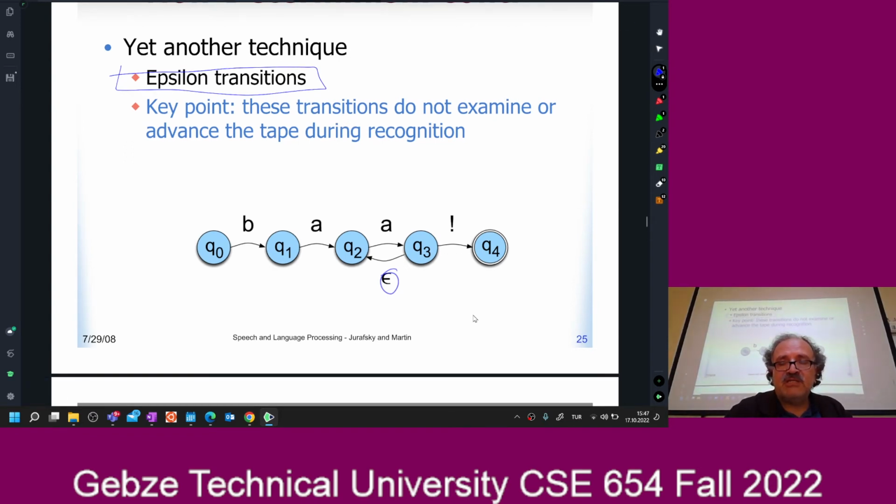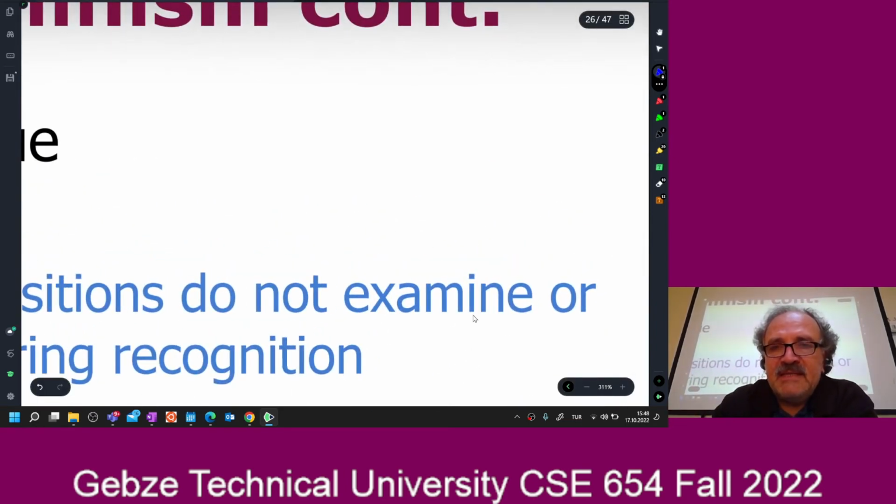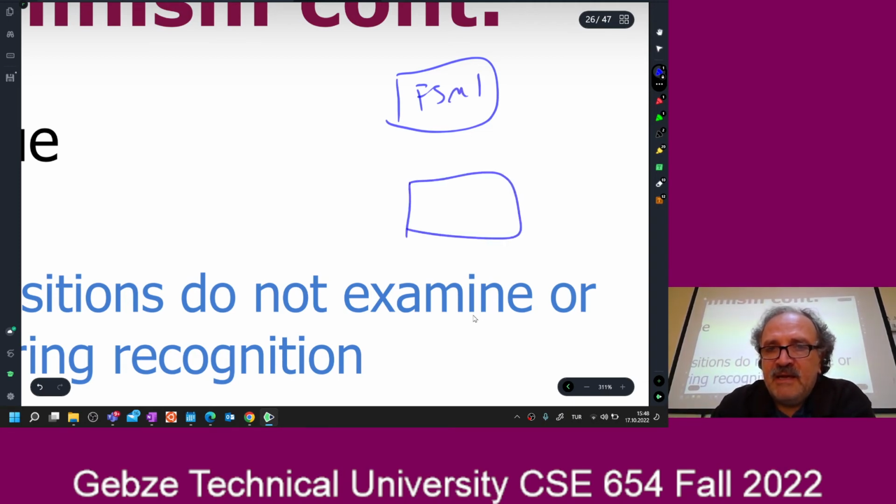And these transitions are used very often in non-deterministic finite state automata. Without reading anything, I just jump from one state to another one. This is very powerful. Why? Let's say I have a finite state machine 1 and finite state machine 2.